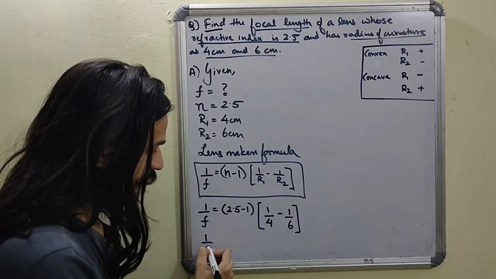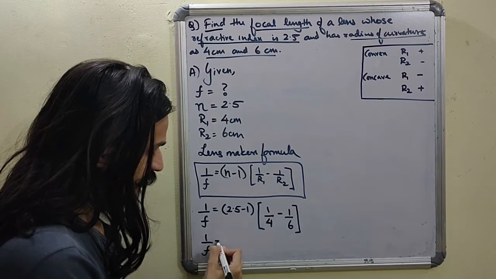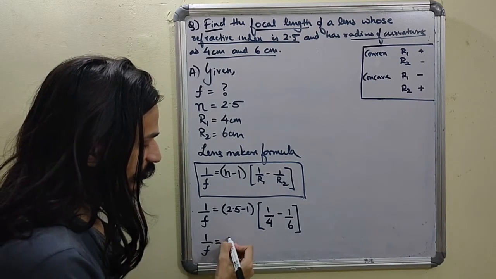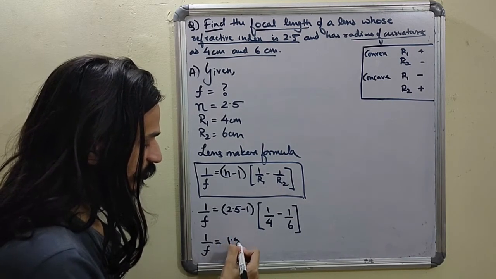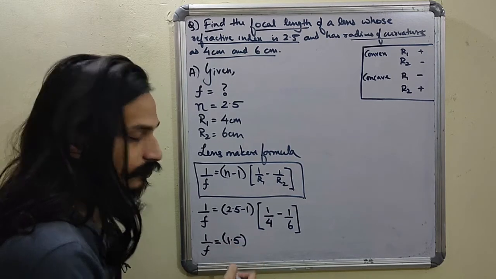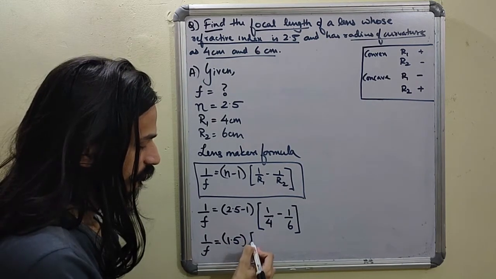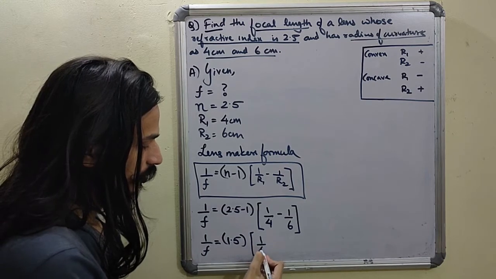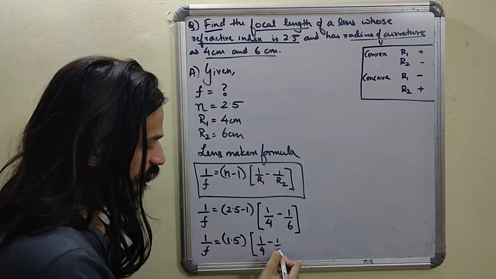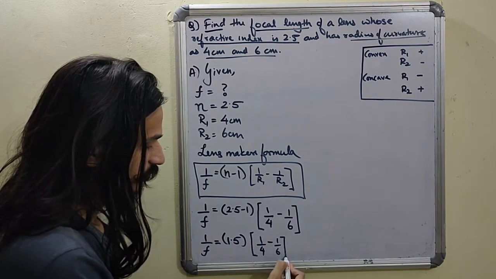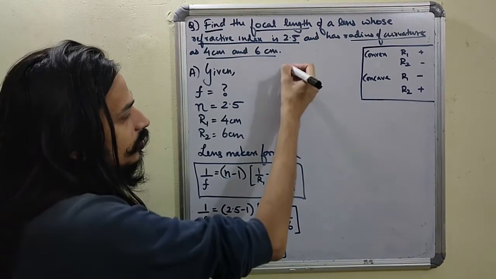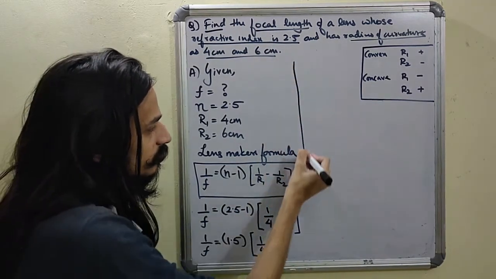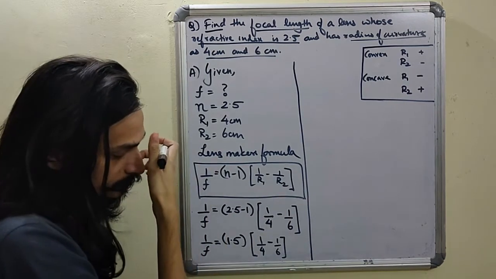So now I will say 1 by f equals to 2.5 minus 1, which is nothing but 1.5, into 1 by 4 minus 1 by 6.